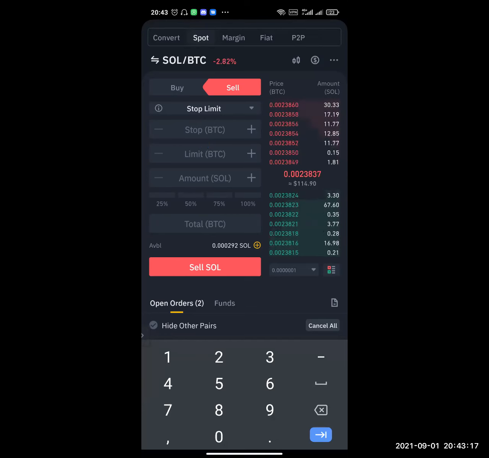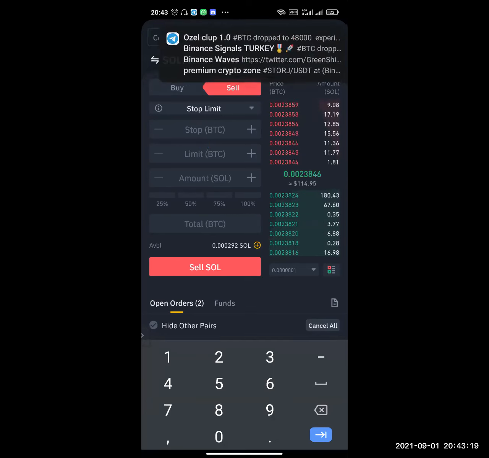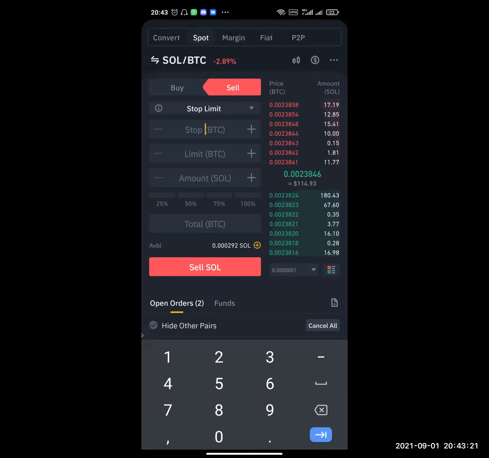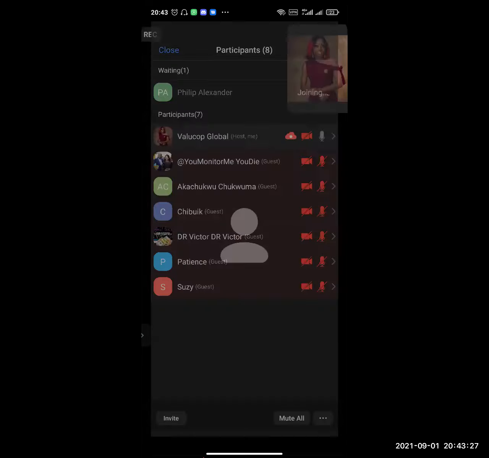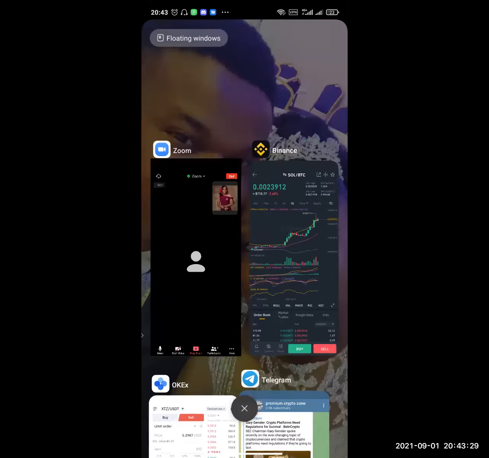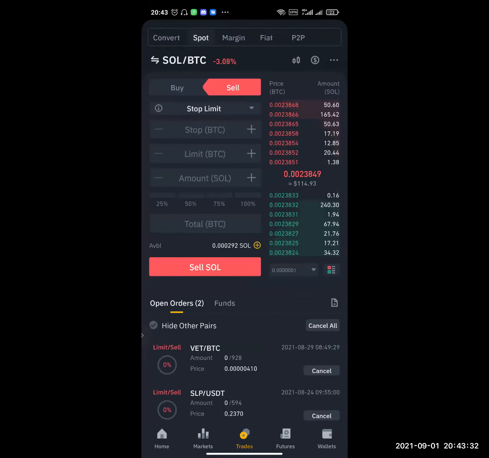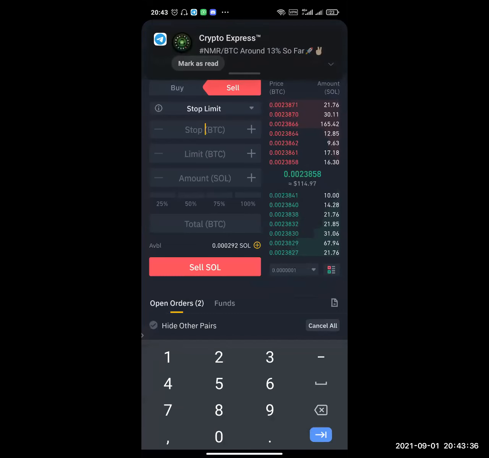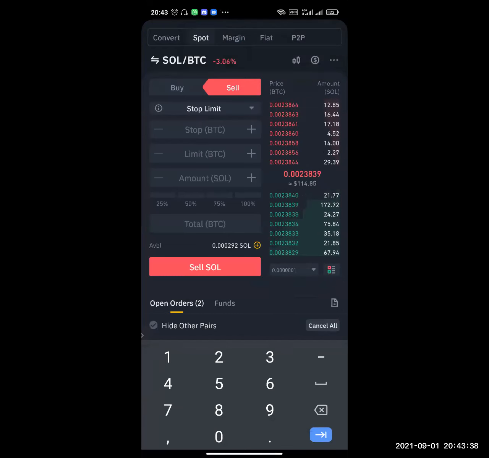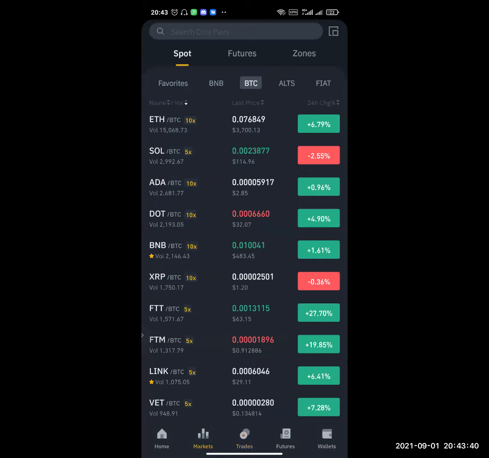You expected Solana to hit $100, but right now it's at $80. So what you should do is, at stop, you do, let me use USDT so it's more understandable.